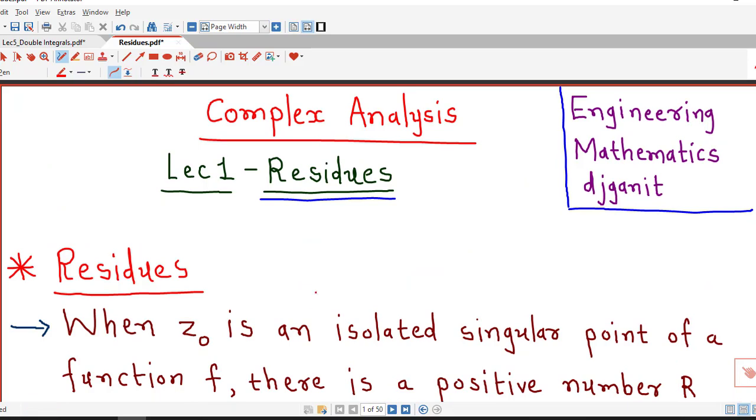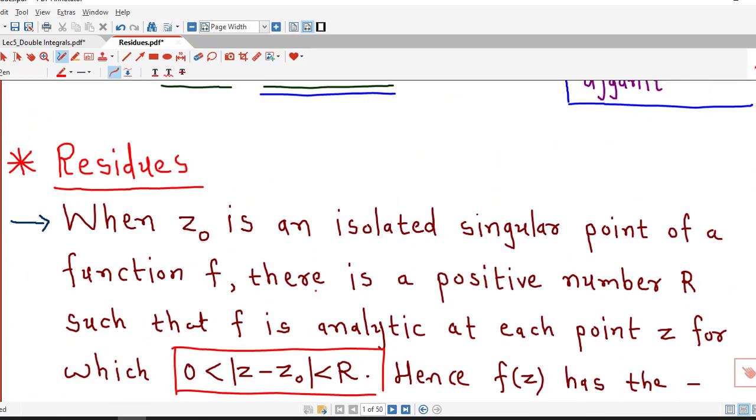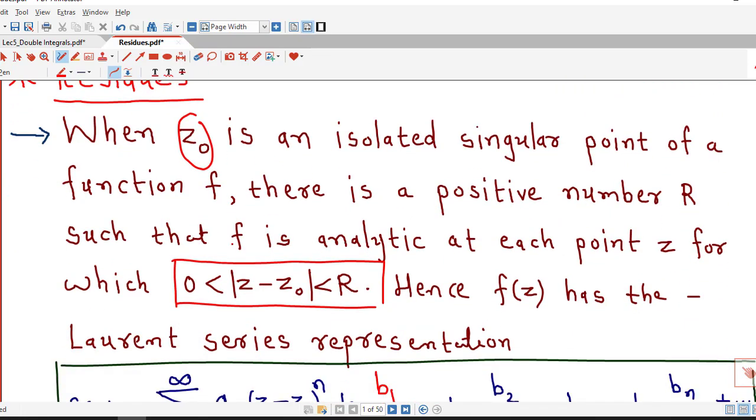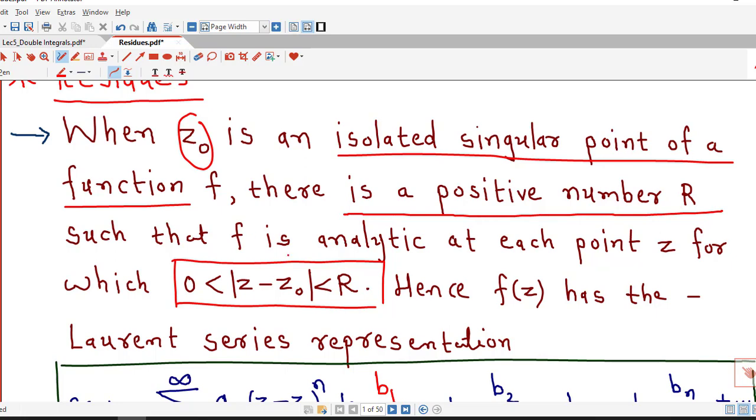So this is the meaning of residue. We have written this formally. We just read this. When z0 is an isolated singular point of a function f, there is a positive number r such that f is analytic at each point z for which 0 less than absolute value of z minus z0 less than r.